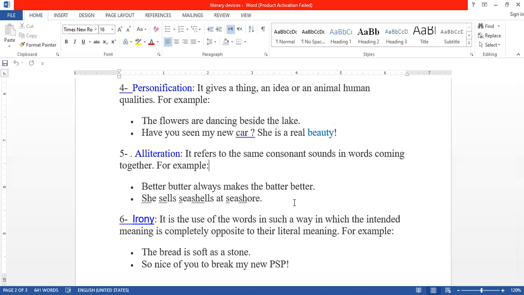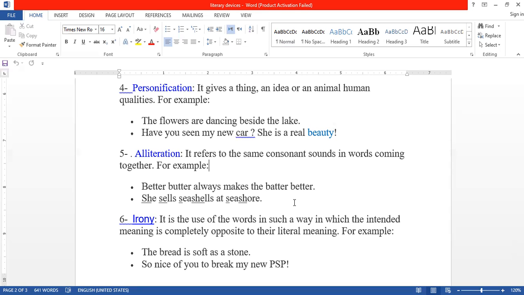The next example, she sells seashells at the seashore. Listen carefully, there is a repetition of s, sh, s, sh. Yes or no? Yes. The repetition of the same sound or the same consonant sound. Again, this is what we call alliteration. All right?